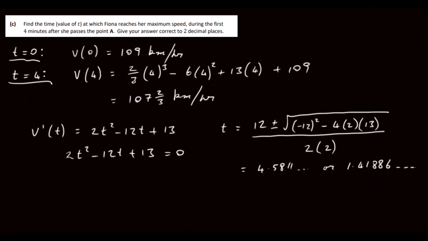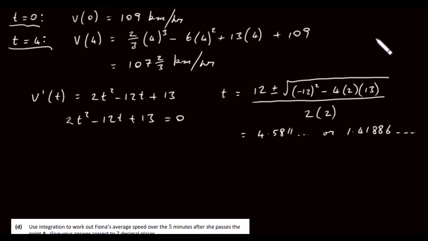So let's do that. We want v of 1.41886. So we've got to put that into our original function then.